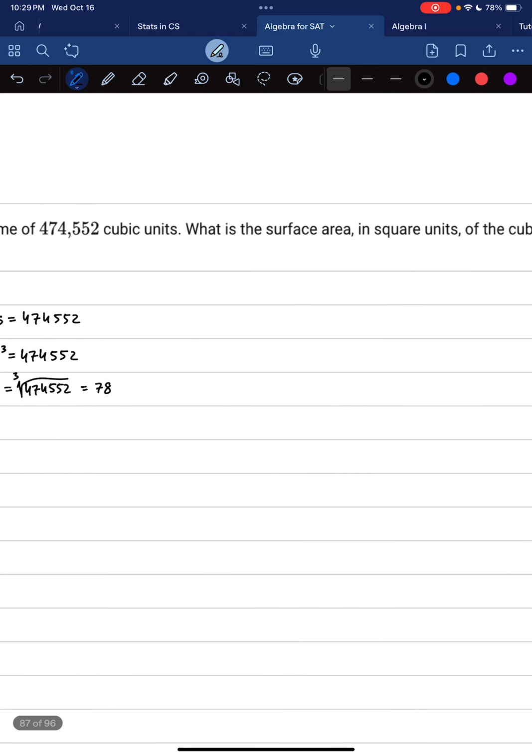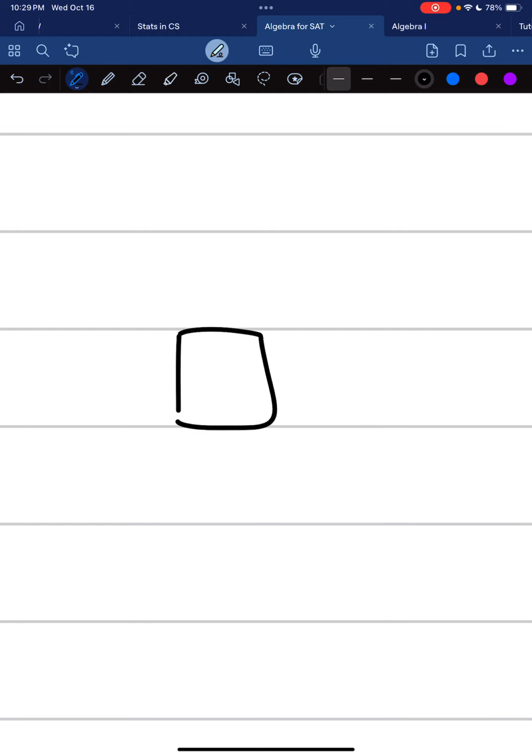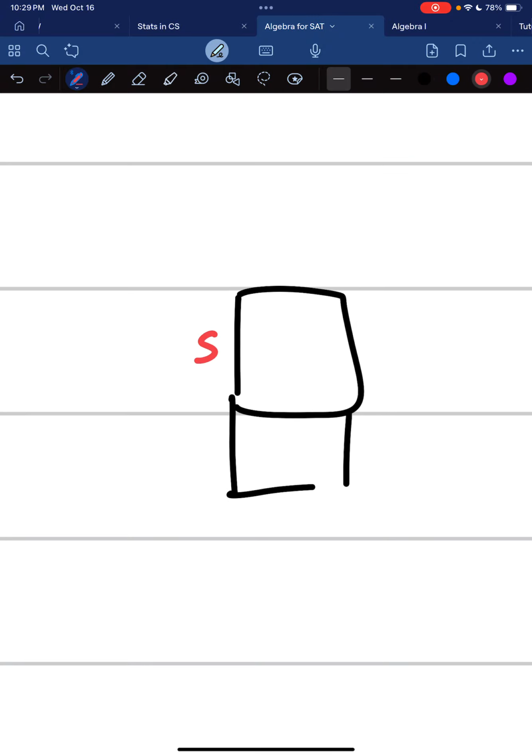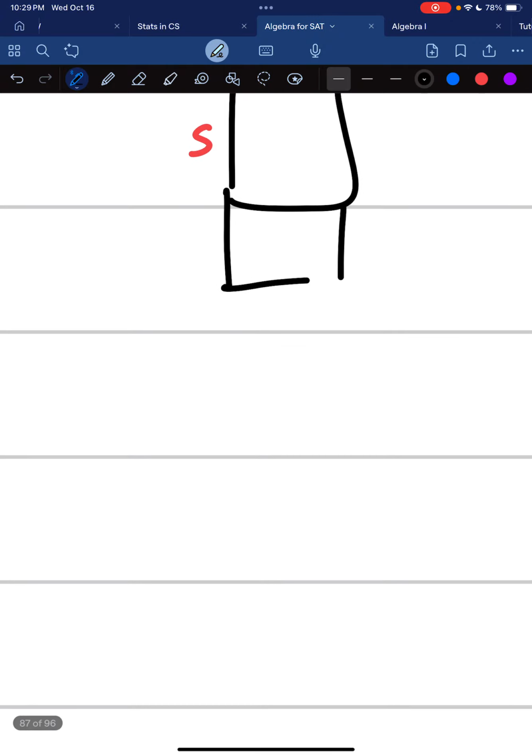And if we want the surface area, again, you take each face of the cube, you find its area, and you add it up. So the area of one face of the cube is just side times side, right? Or 78 times 78. And the area of all 6 faces is just do that 6 times. So I'm going to multiply that by 6.